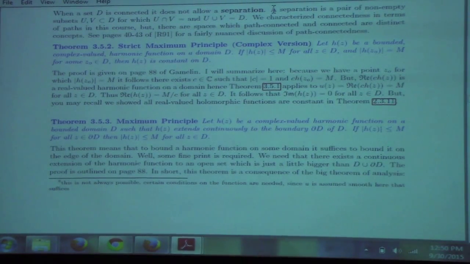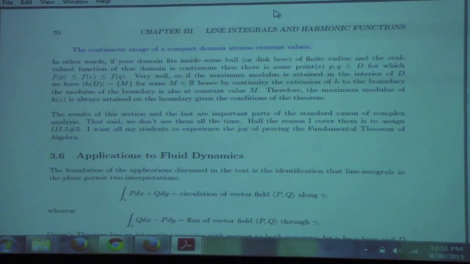This is a really powerful tool. It says that if you can bound a harmonic function on the edge of the domain, then the bound applies throughout the region. So this is a fantastic result, which I'll probably go through the proof of next class maybe.